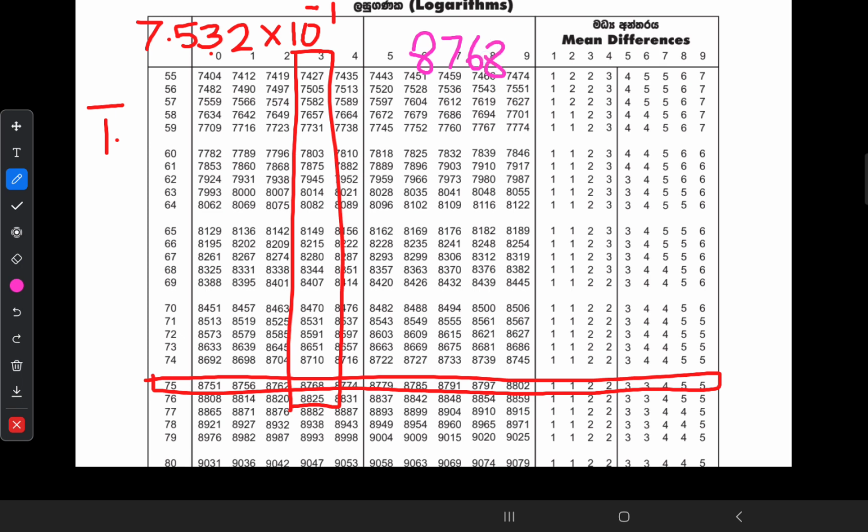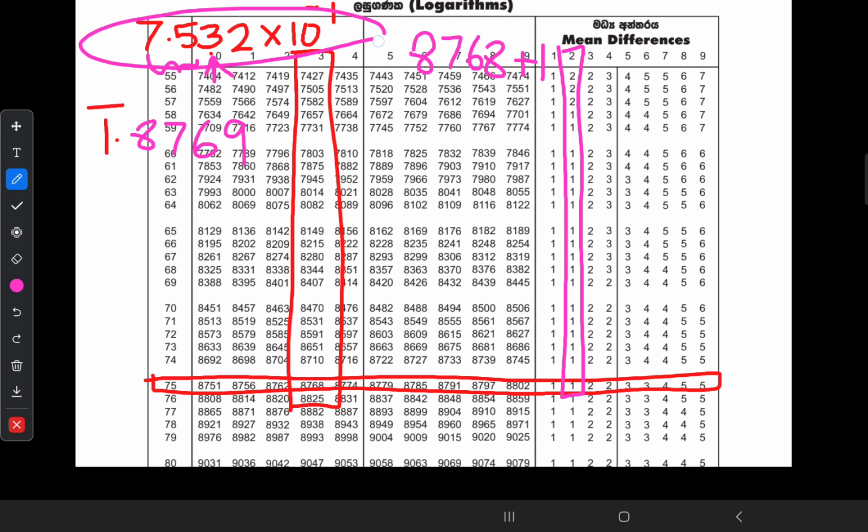Thereafter, what would be the second mean difference? Second mean difference, that is 1. In the same row, second mean difference is 1. So you should add 1 with this. It will give you 8769. So bar 1.8769. That would be the respective logarithmic value for this.